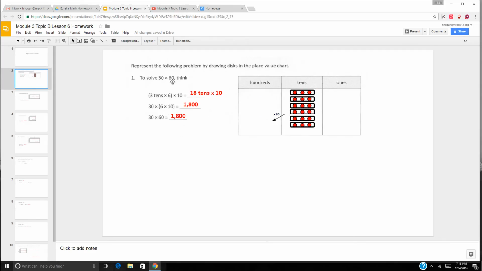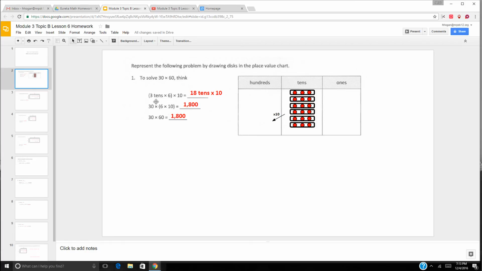So 30 times 60. Think 3 tens times 6 times 10. Because 6 times 10, it's just breaking it apart. So 3 tens times 6 is 18 tens, and then we're multiplying it by 10.